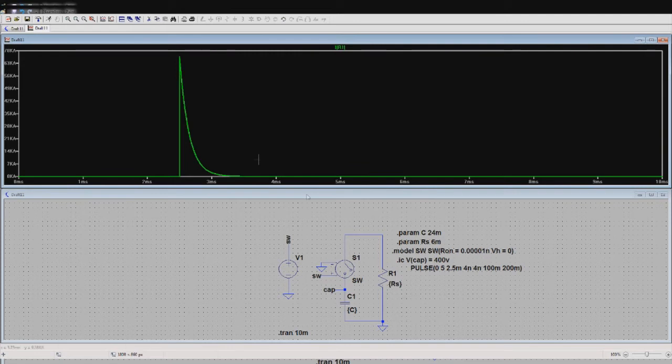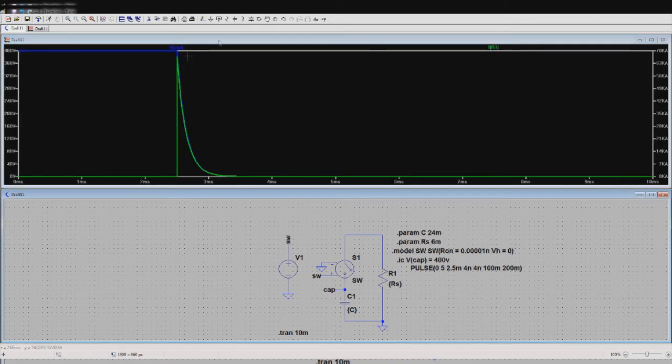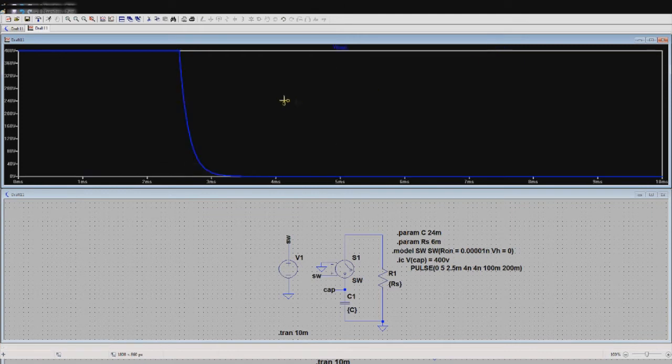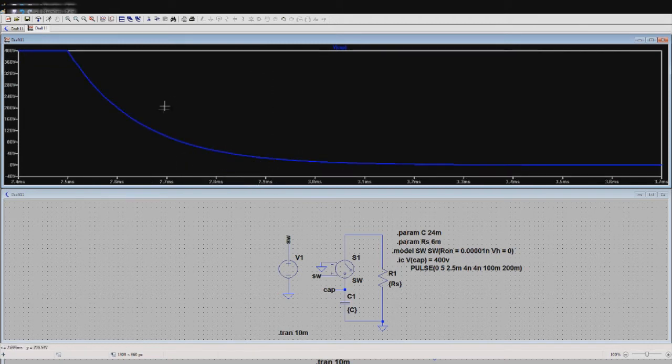Alright, so now we have the working equivalent circuit of what we had. We're starting with 400 volts over here, capacitor voltage, which then gets discharged when the projectile enters to approximately 0 volts. And let's see what we calculated.